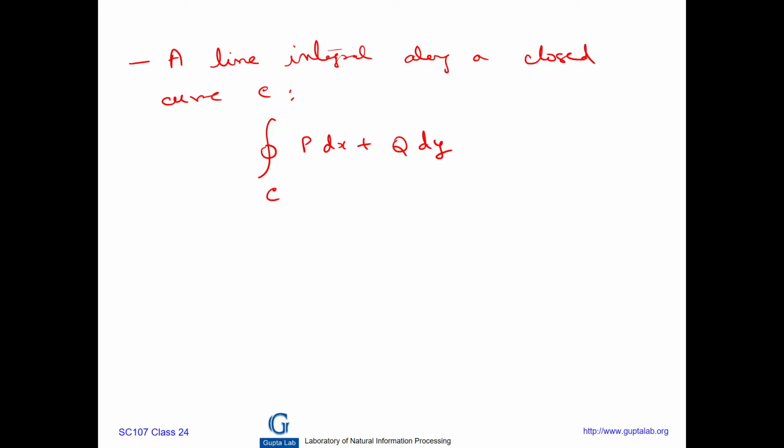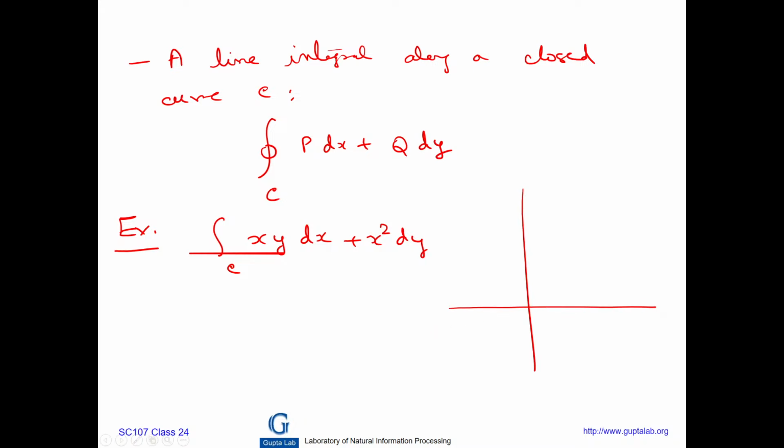Okay, so let us take an example. Now I am going to do a couple of examples. Compute this value, integral of xy dx plus x square dy, where C is the graph of y equals x cube, where x lies between -1 and 2.